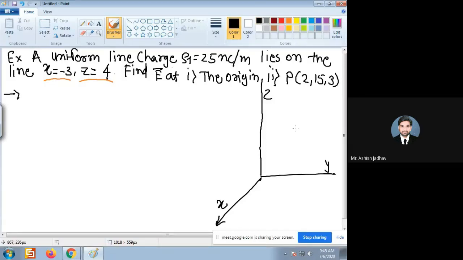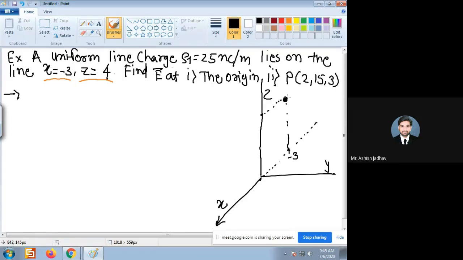So we have to locate this point. It would be somewhere here, because if I extend this x-axis on the negative side, this -3 would be somewhere here. And if I find z is equal to 4, it would be somewhere here. So at this point, value of x is -3 and value of z is +4, right?